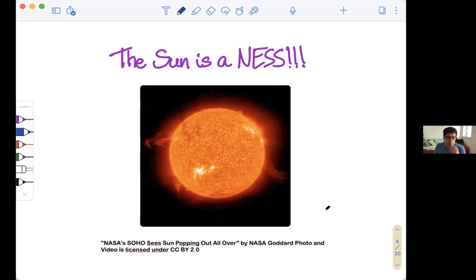So when you ask physicists what a non-equilibrium stationary state means, it's a physical system which is stationary in time, but in which you have the presence of non-trivial currents.